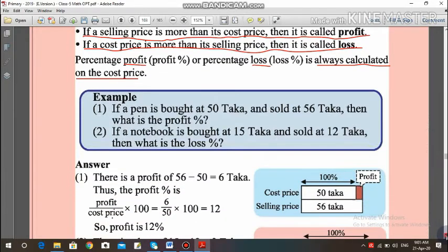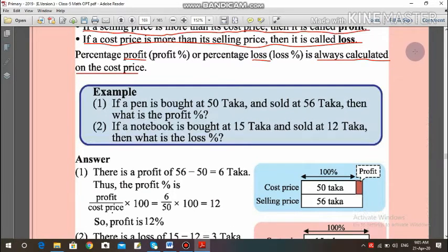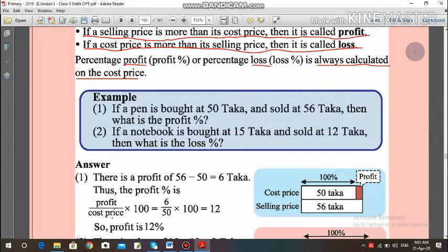See that here two examples are given. If a pen is bought at 50 taka and sold at 56 taka, then what is the profit percentage? The bought price, or cost price, is 50 taka. On the other hand, the selling price is 56 taka. At first we calculate profit.